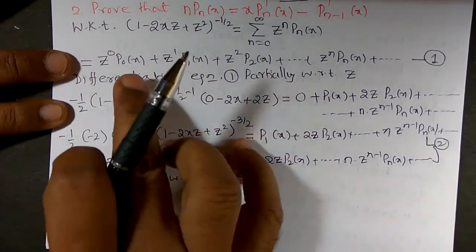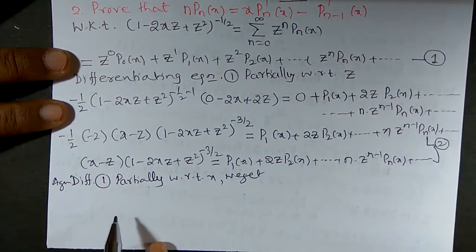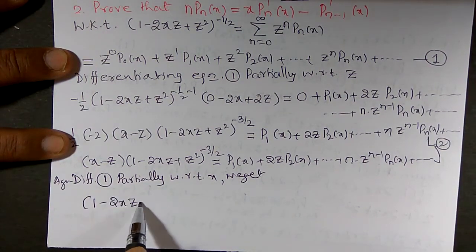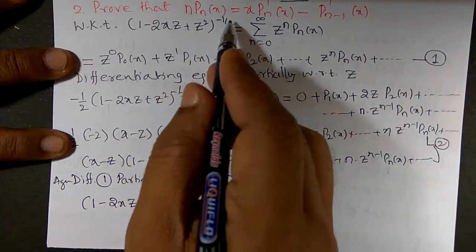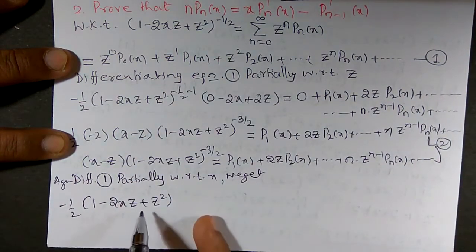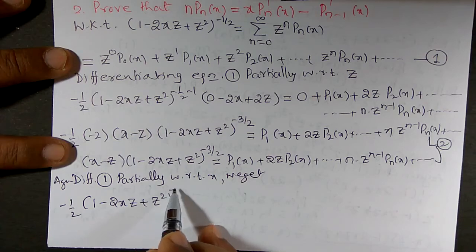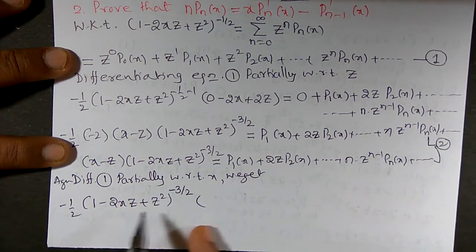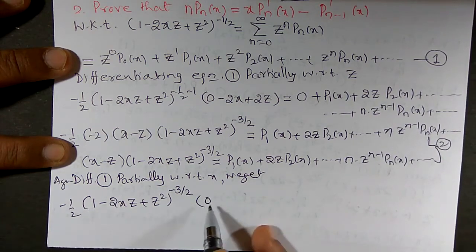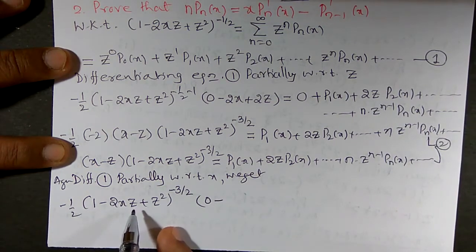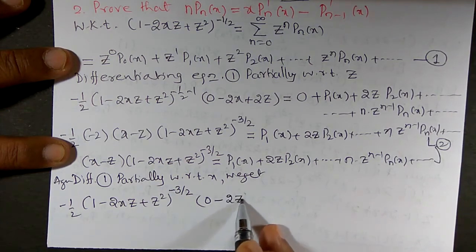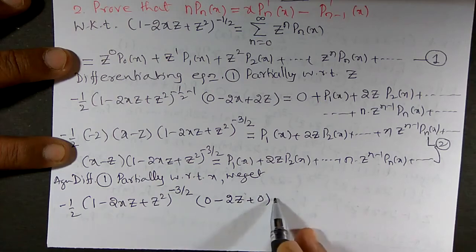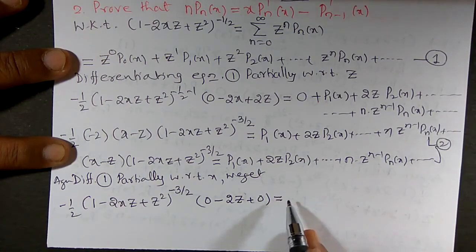I am going to differentiate this equation, (1 minus 2xz plus z squared) raised to minus 1 by 2. Using n into x raised to n minus 1, you will get minus 3 by 2 into the derivative of the inside with respect to x, treating z as a constant. Derivative of 1 is 0. Minus 2xz with respect to x means 2z is constant and x with respect to x is 1. The derivative of z squared is 0.